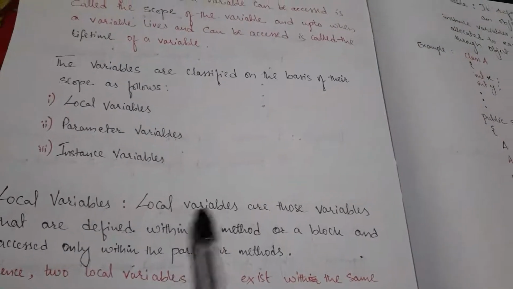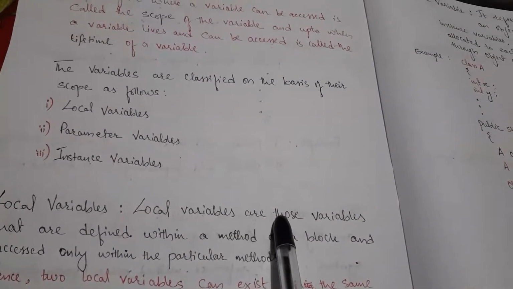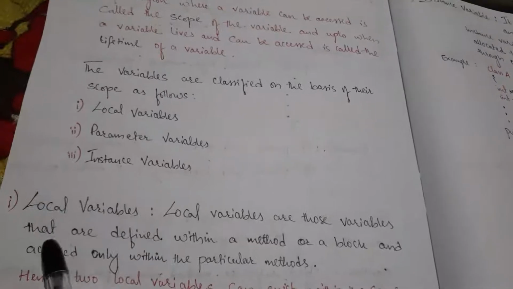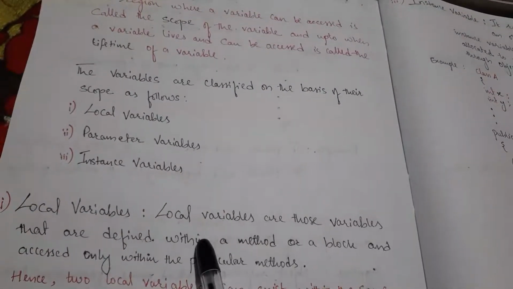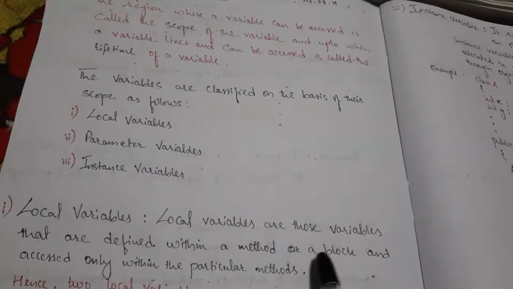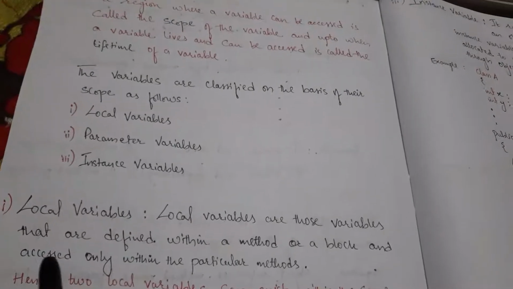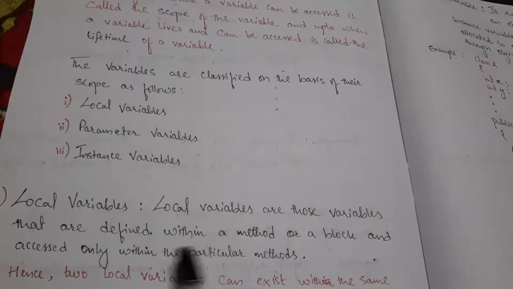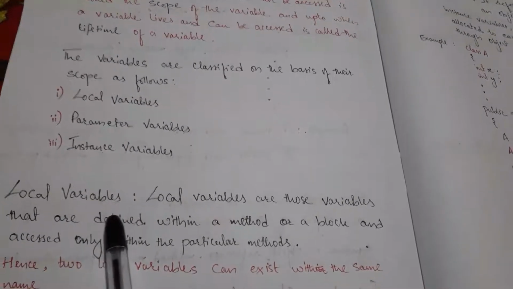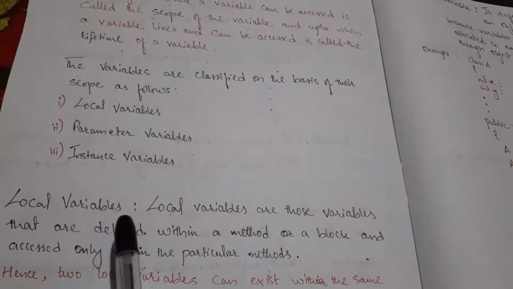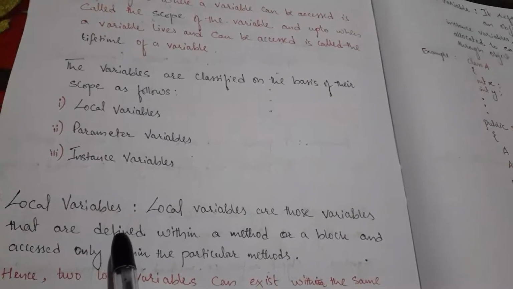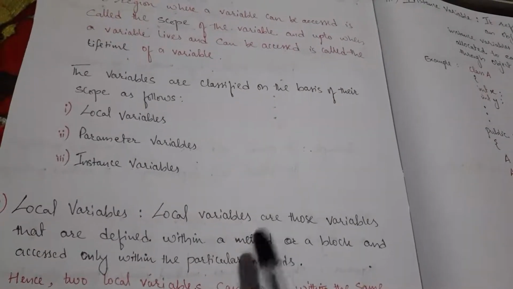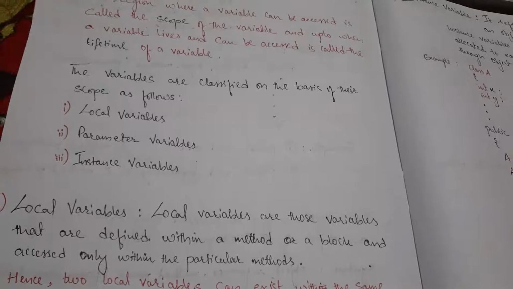So local variables are those variables that are defined within a method or a block and accessed only within the particular method. What the local variables there in a programming are, these are the variables which will be defined within a method.